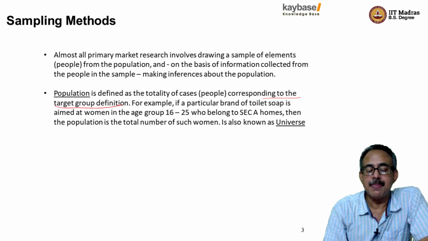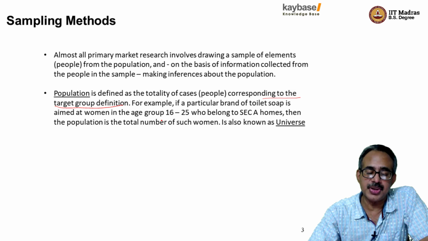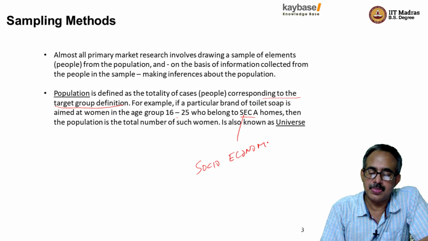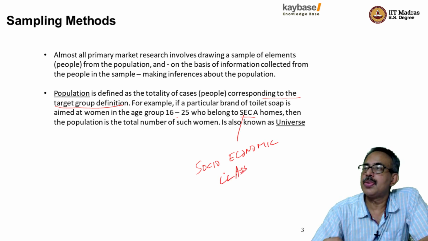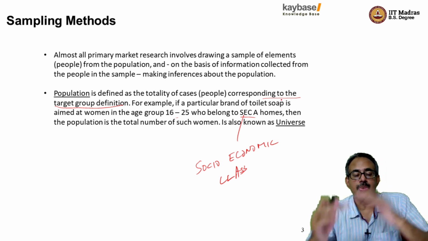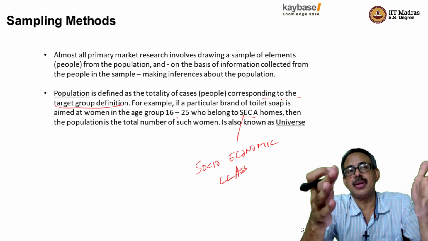Okay. So, for example, if a particular brand of toilet soap is aimed at women who are in the age group of 16 to 25, who belong to socio-economic class A homes, SEC standing for socio-economic class, then the population is the total number of such women in whichever geography we are targeting.